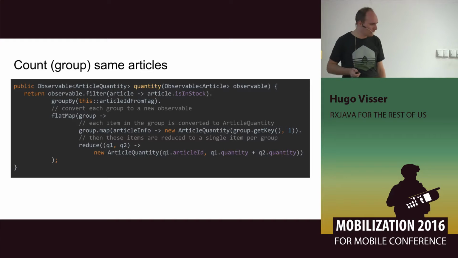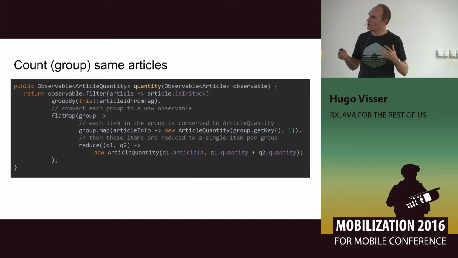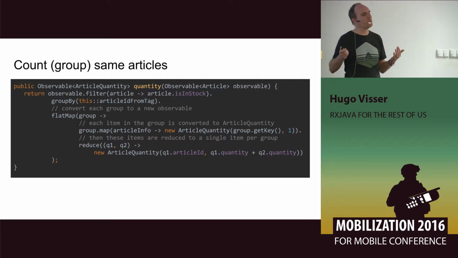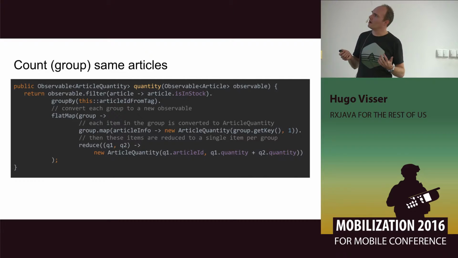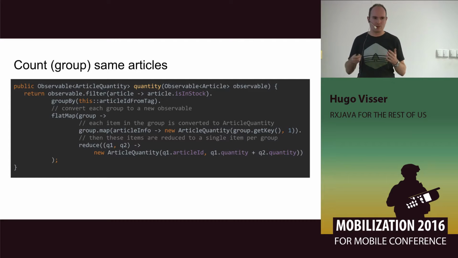And I will go step by step. We have a couple of steps here. First, I want to filter out all the articles that are not supposed to be in stock. We keep track of the articles that we expect, but we are only interested in the ones that we are expecting, basically.